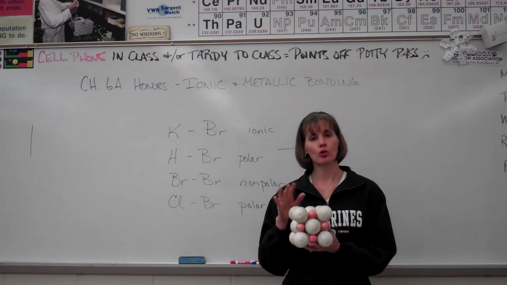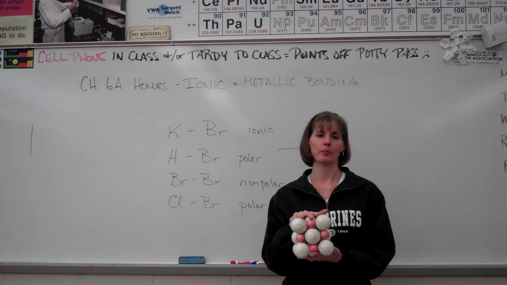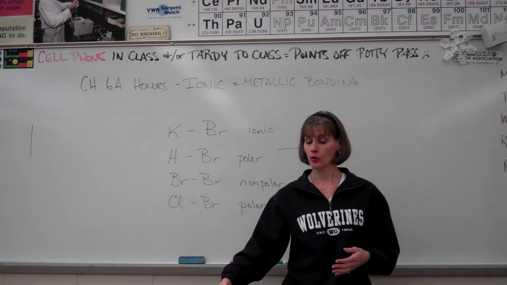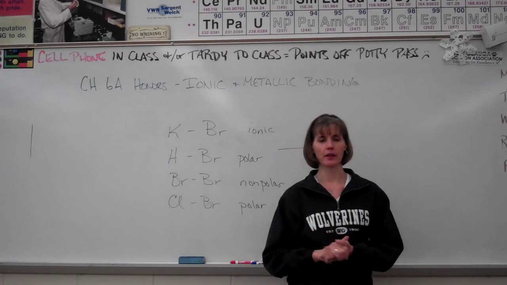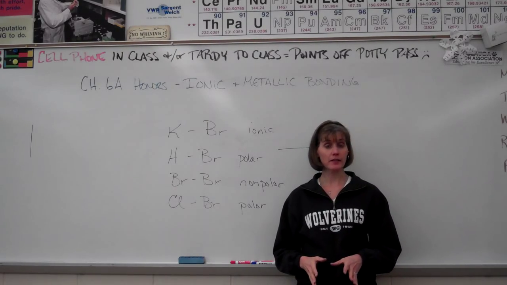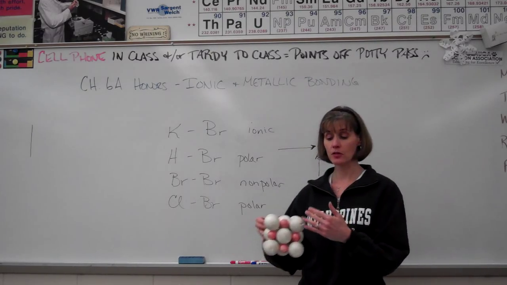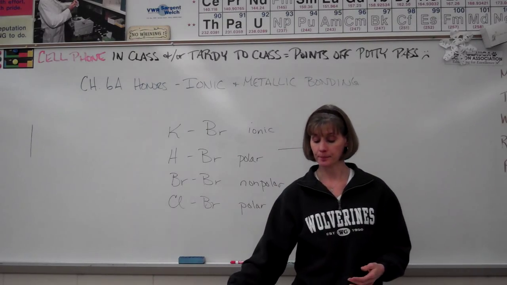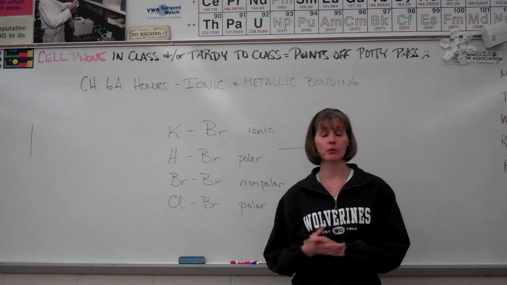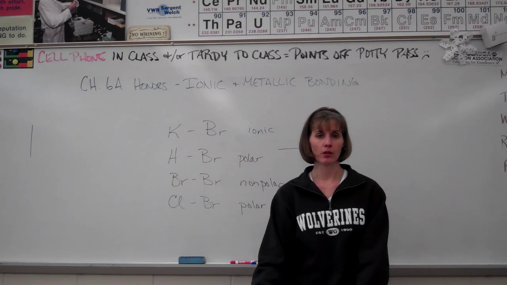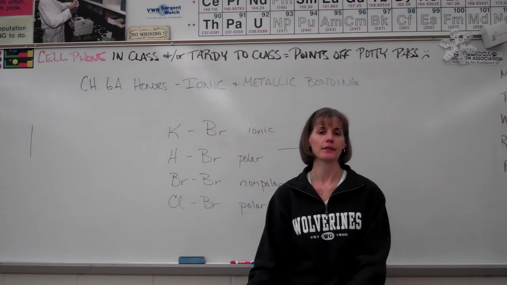Well, the stronger the lattice energy, the stronger the bond, the stronger the attraction between the ions. So if we're comparing one to something that has a lower lattice energy, we don't have to have quite as much energy to melt the substance and break the bonds. That would be a weaker, more weakly bonded compound. And this question is just really very general when it's comparing substance A and B.